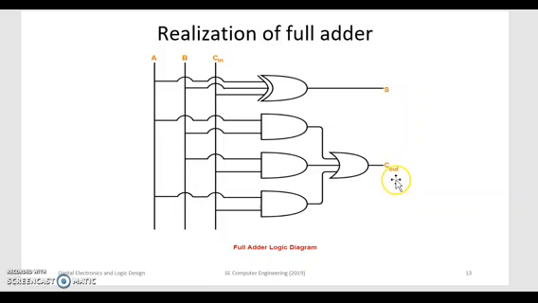For C out, the equation was AB, so this A and B forms an AND. Then we are having B C in, so this AND. Then we are having A C in, so this AND, and all these three terms are ORed together to get the C out. So this is how the full adder is going to be realized.